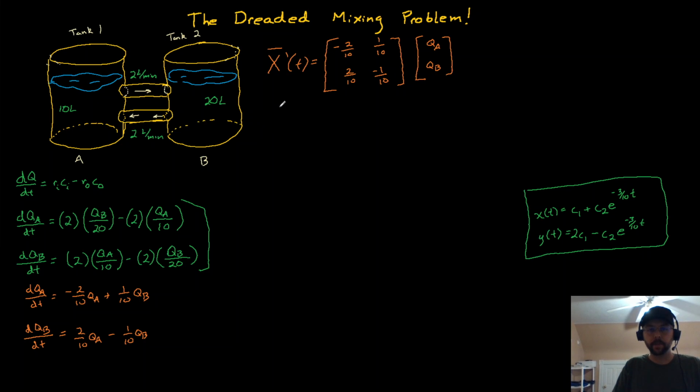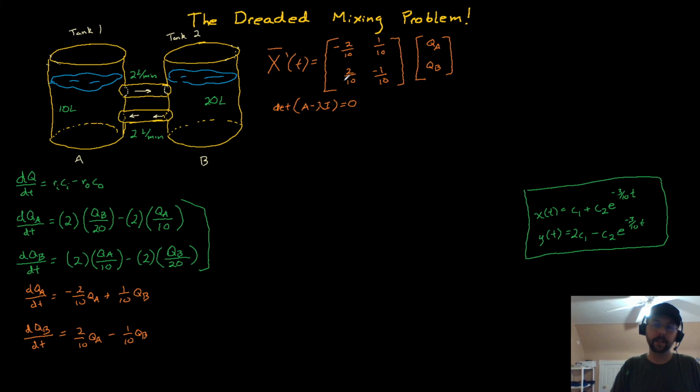Now what we're going to do is use this little formula, the determinant of A minus lambda times I, the identity matrix, equals 0. And we're going to use this to solve for our eigenvalues.